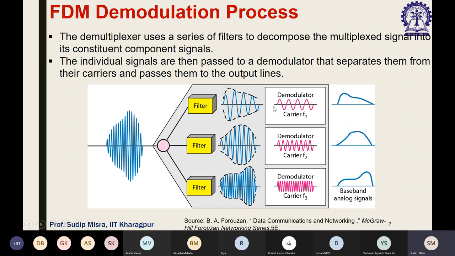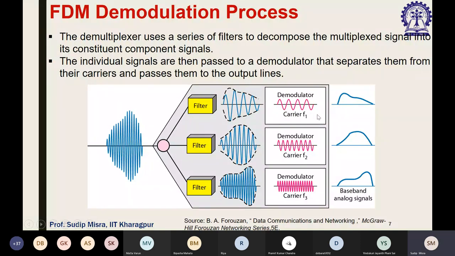After this there is a demodulator circuit, and through the demodulation process the individual signals are separated out, leaving the carrier frequencies separate.